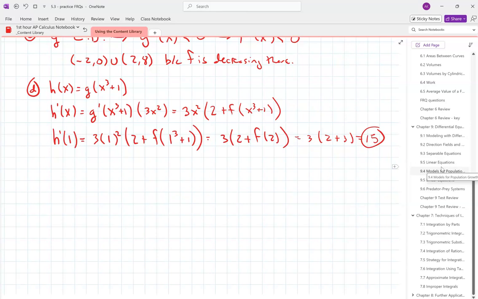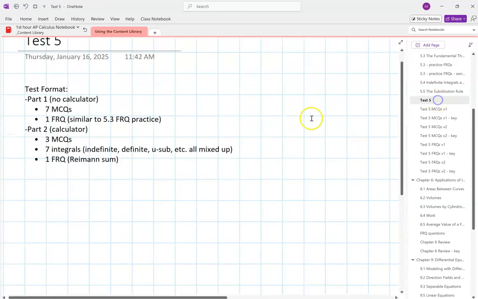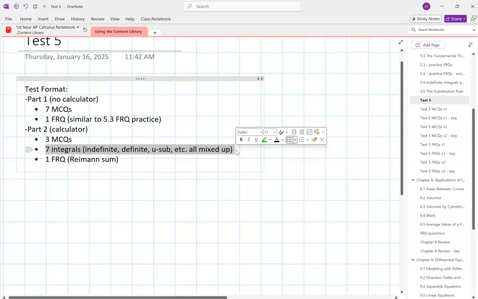So, do you guys feel okay in general? Notice that on the test format that I gave you, the biggest single topic is: can you do these integrals? If I give you an integral, can you do it? Do you need to know those anti-differentiation rules? Oh my God, yes.